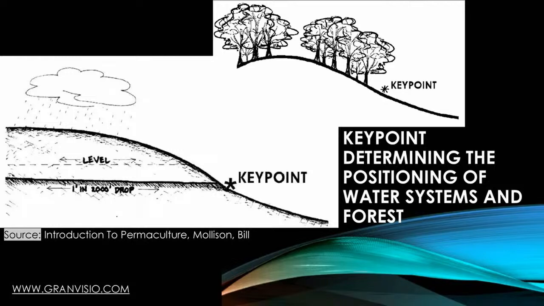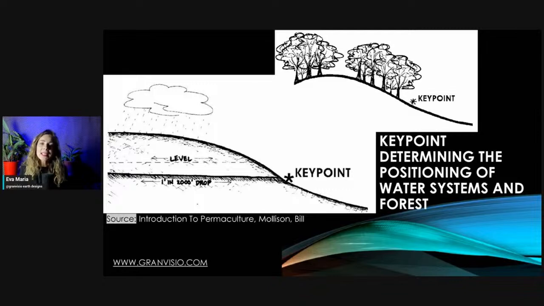So the key point helps decide where to start collecting water, but also suggests where to consider planting a forest. The land above the key point should be forested, and the land below the key point can be used for things like growing crops, having orchards, or creating pasture areas.